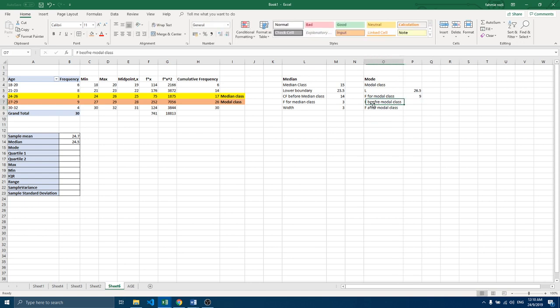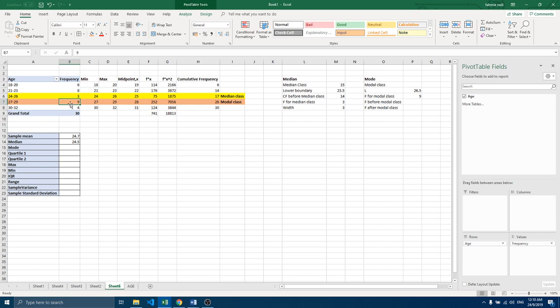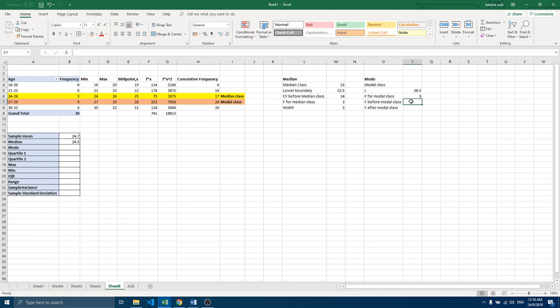So frequency before model class is 3. This is your model class. Frequency before model class is 3. So just write here 3. And frequency after model class is 4.